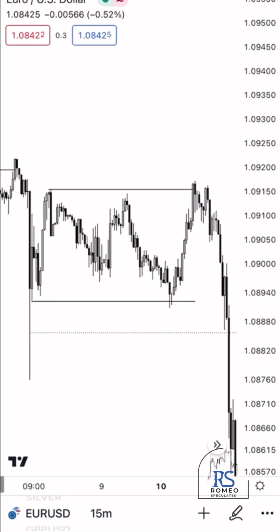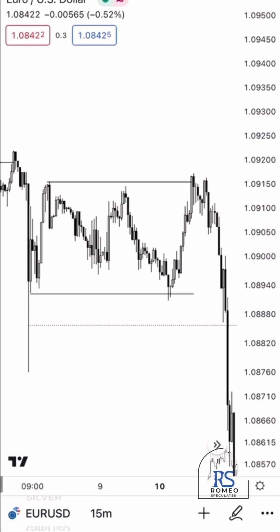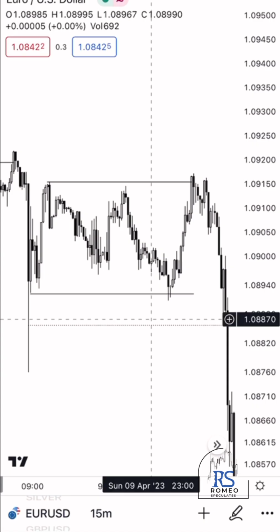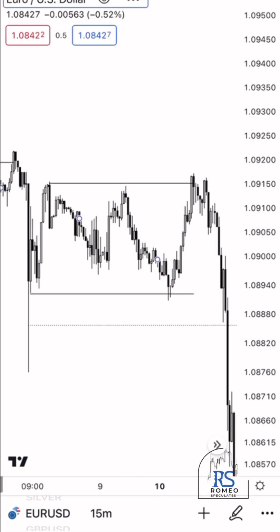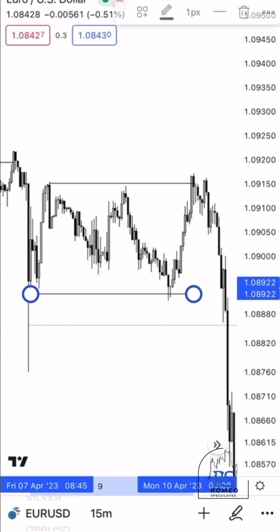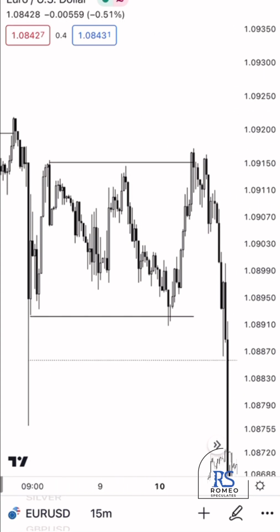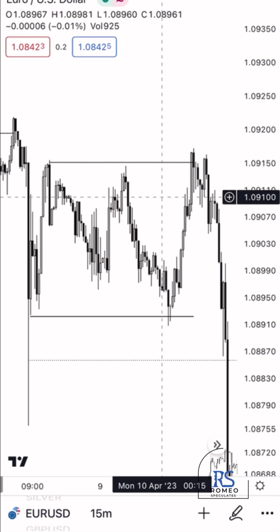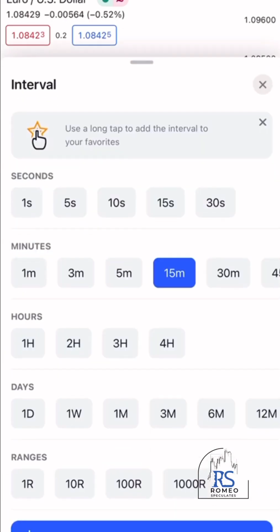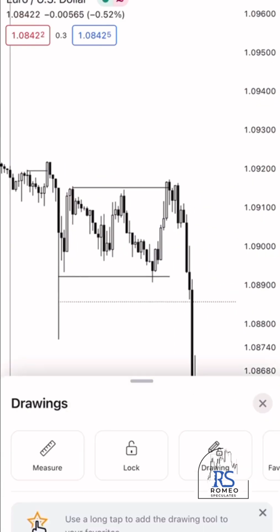So, range low. Of course, if any of you have been paying attention, again, this pattern will be familiar to you, right? So we purge the previous week's high into a higher time frame PD array.